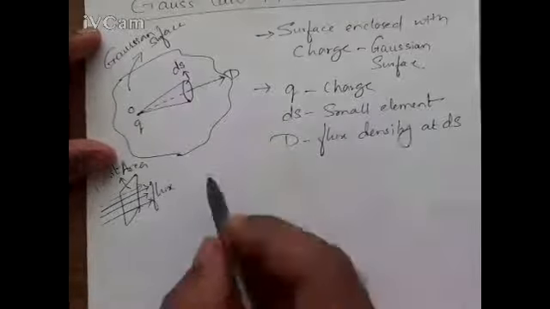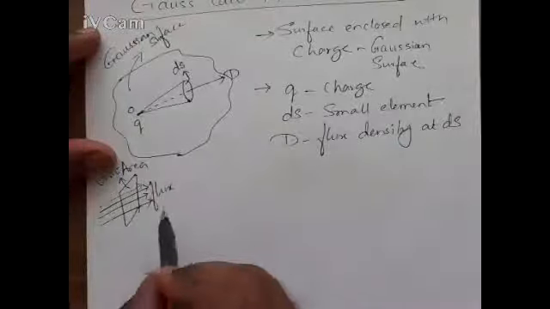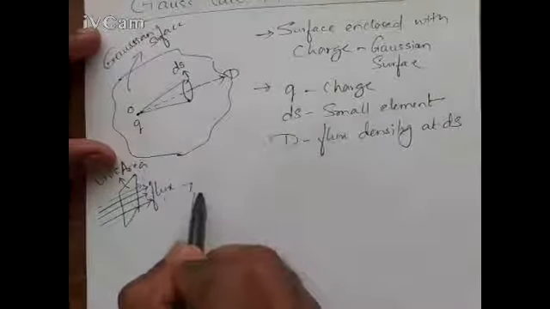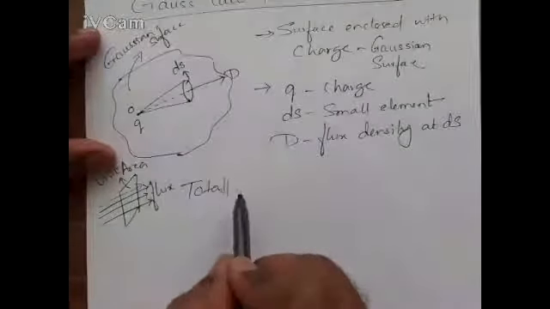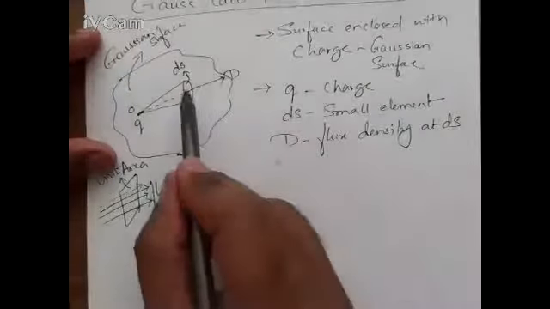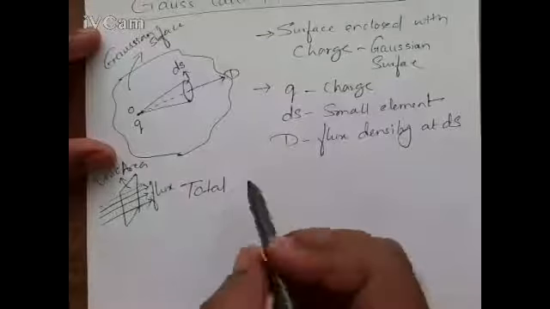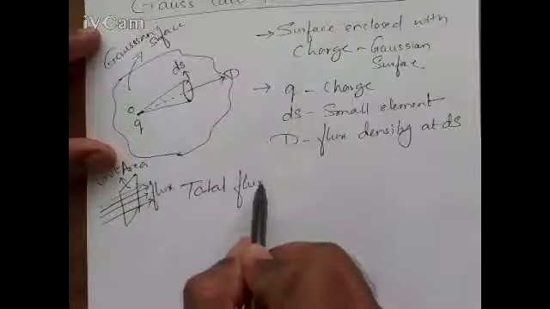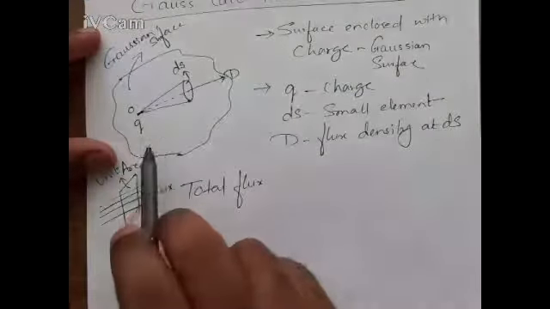So what should we find out? The total flux. D is the flux density coming out from this ds. So the total electric flux is radiating. What do we have? Charges we have.